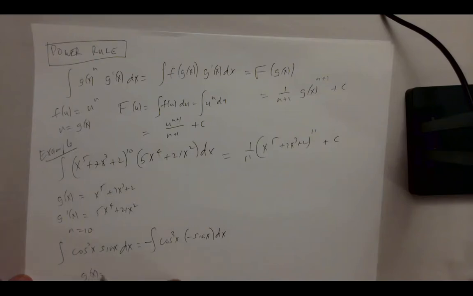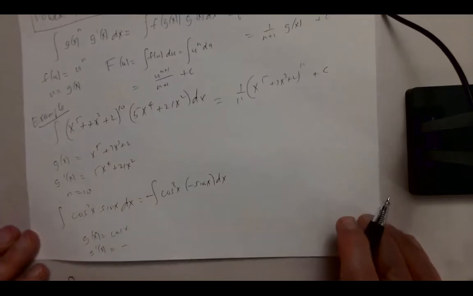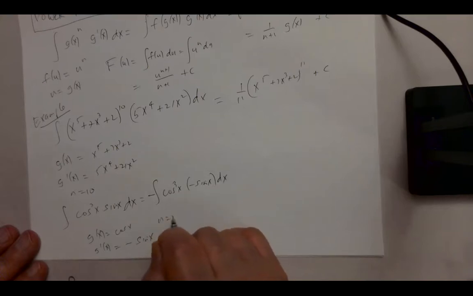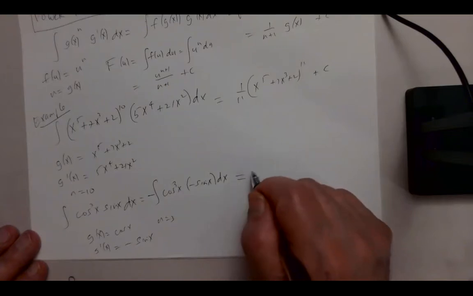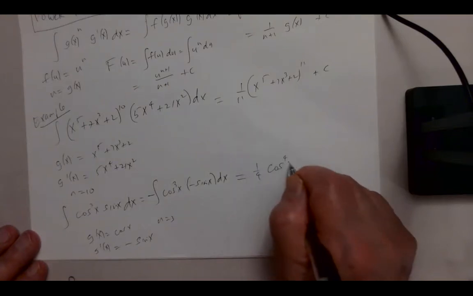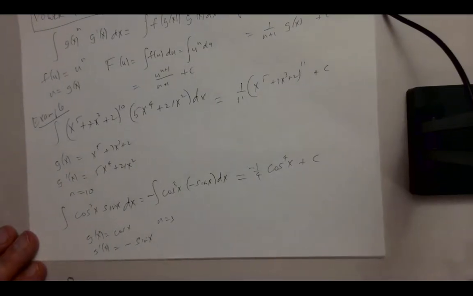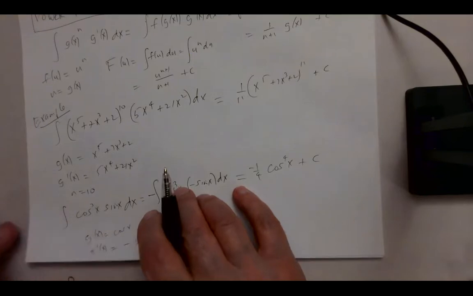If we let g of x be equal to cosine x, g prime of x is minus sine x, and n is equal to 3. This is equal to 1/4 cosine of x to the fourth power plus a constant, times a minus sign. And you can check by differentiation that this is correct.